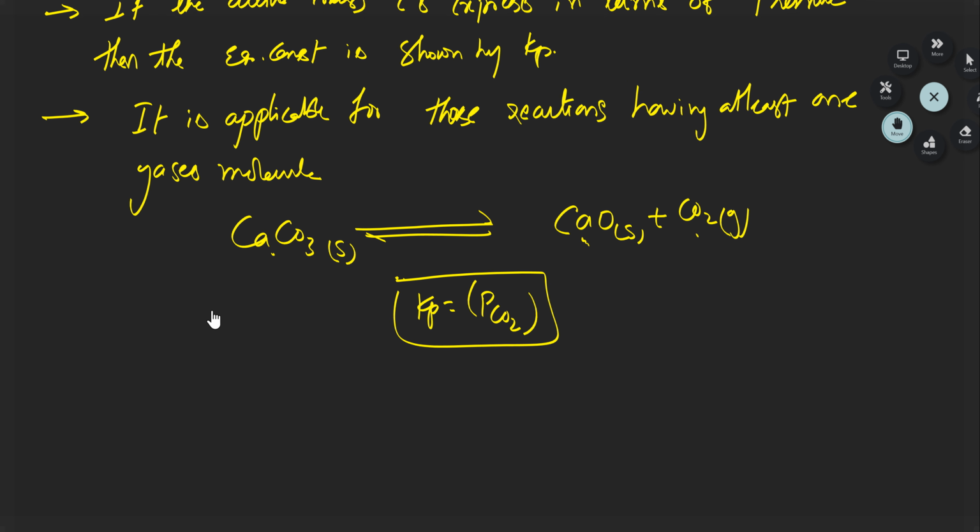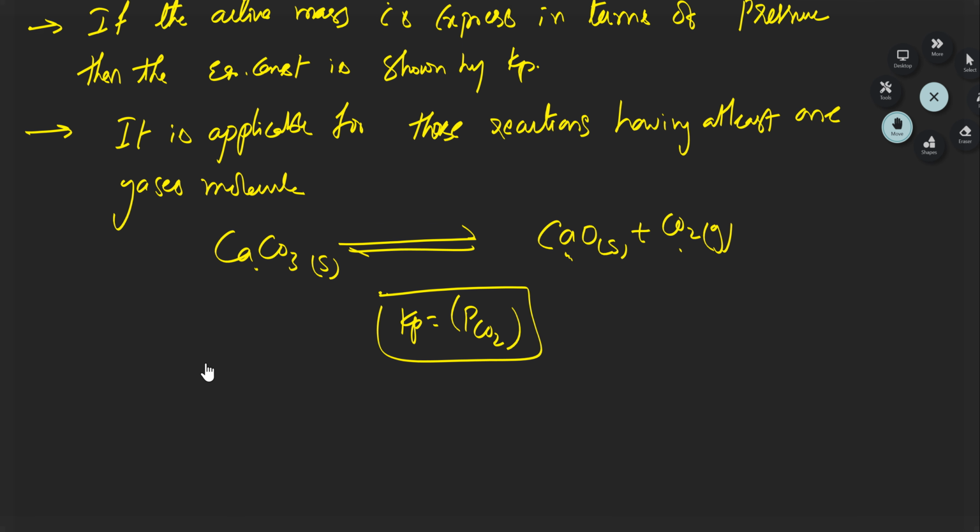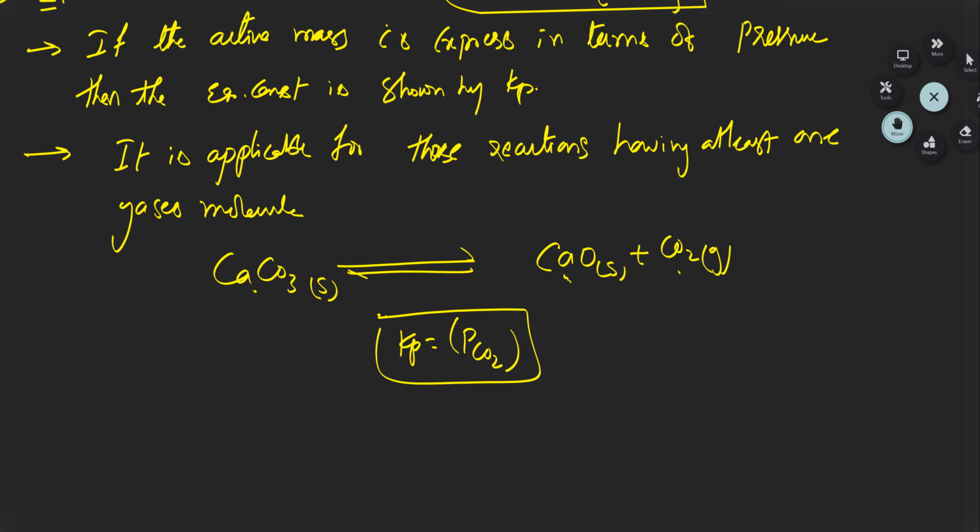The equilibrium constant is the same for everyone, but there we discuss concentration of reactants and products. Here we are discussing pressure. For example, take the ammonia reaction: N2 plus 3H2 gives 2 moles of NH3 gas. This one is gaseous, this one also gaseous.